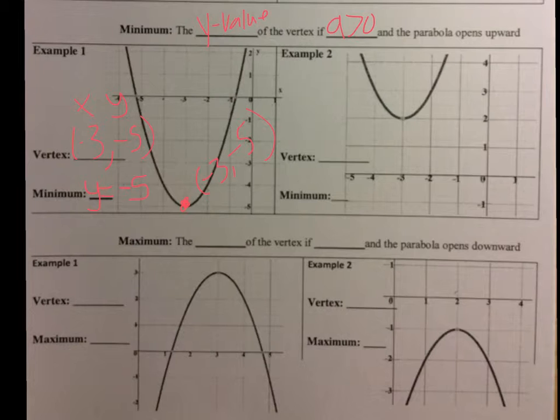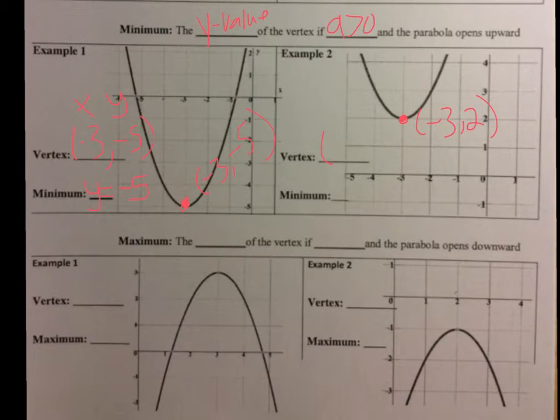So the vertex for this parabola will be right here, which is -3. So we go over -3 and then up 2. So our vertex would be -3, 2.